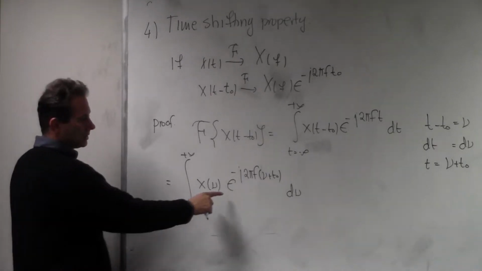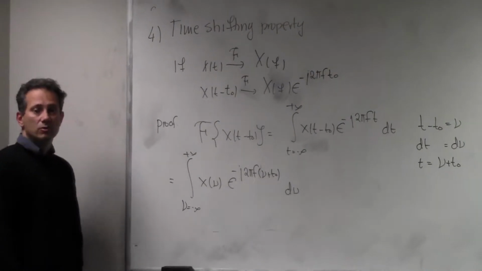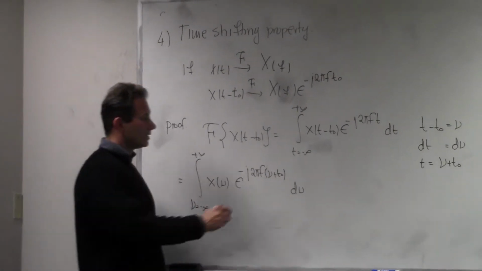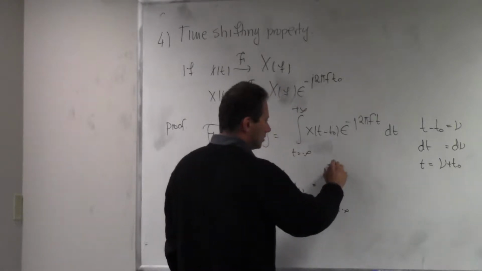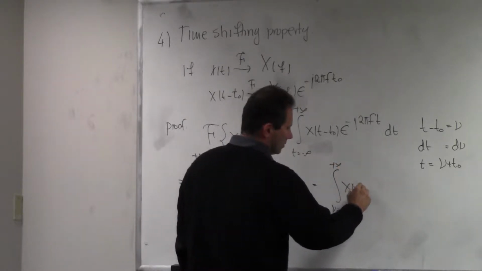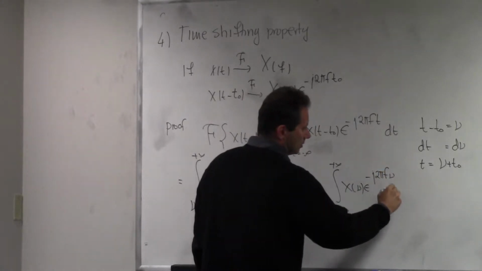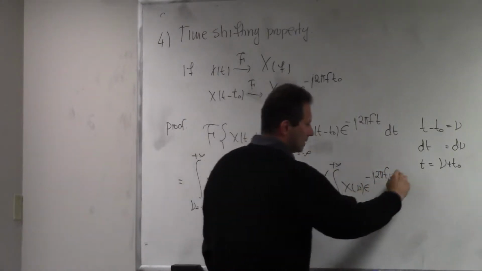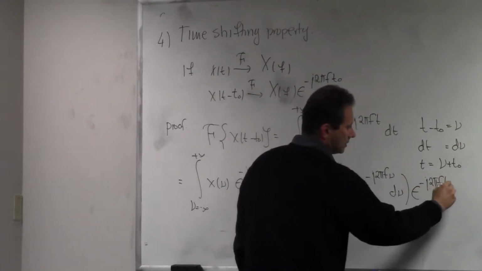And now you see here that e to the minus j 2 pi f t0 does not depend on nu, so it can be taken outside of the integral. So this becomes the integral when nu goes from minus infinity to plus infinity, x of nu e to the minus j 2 pi f nu d nu, and then everything multiplied by e to the minus j 2 pi f t0.